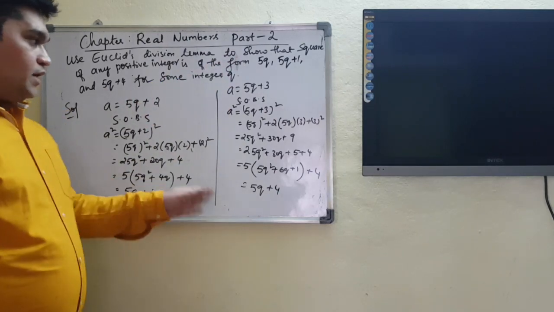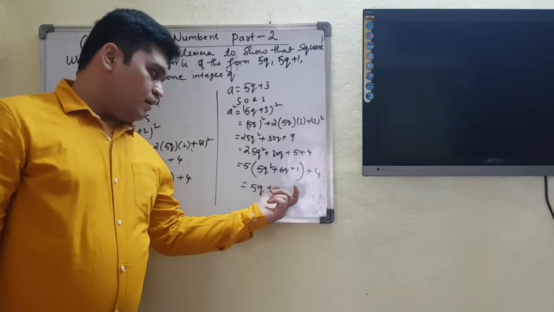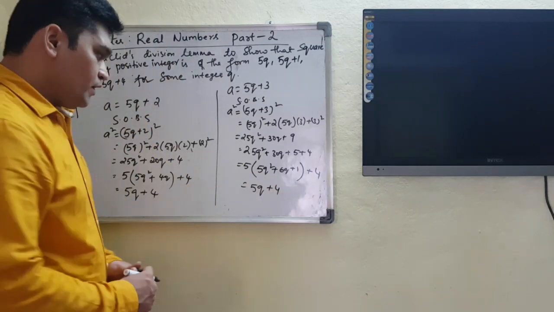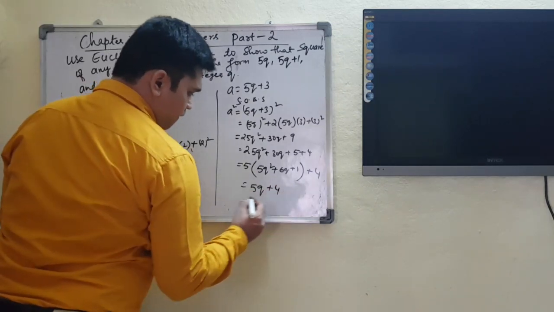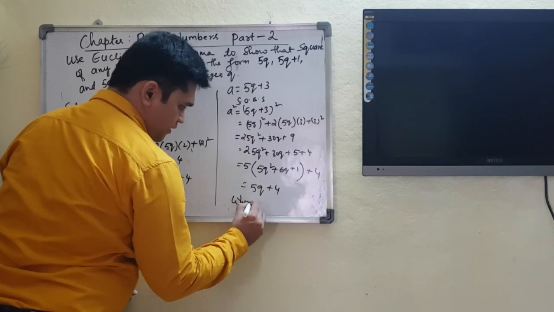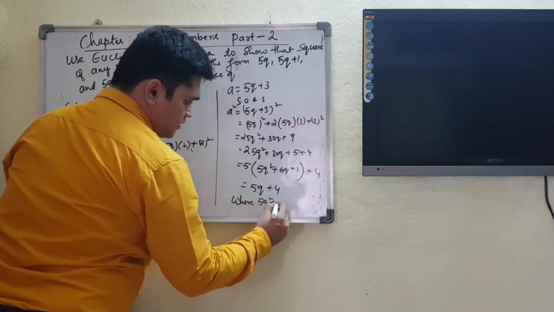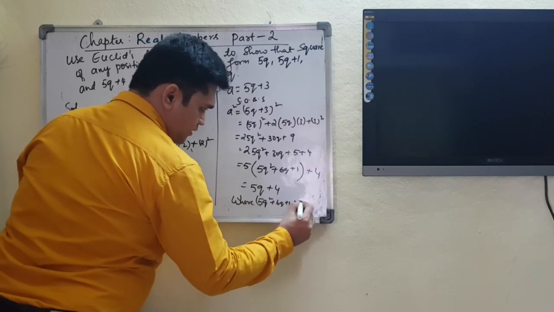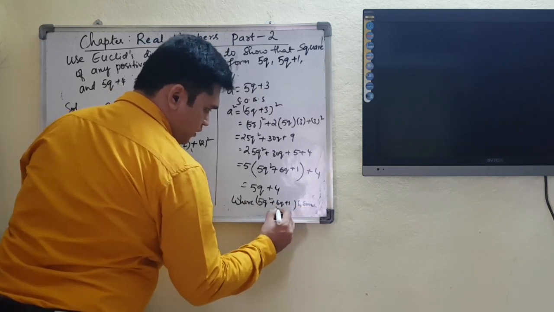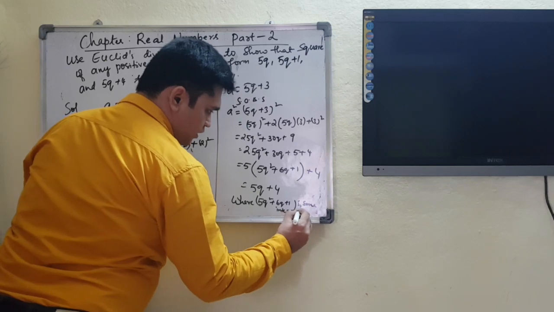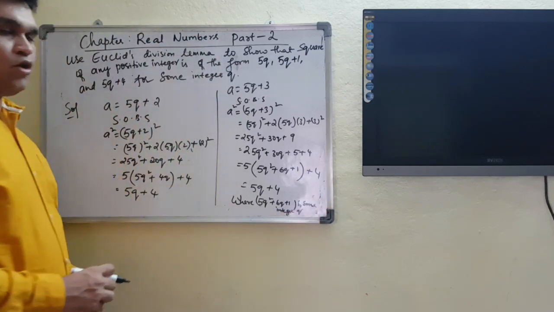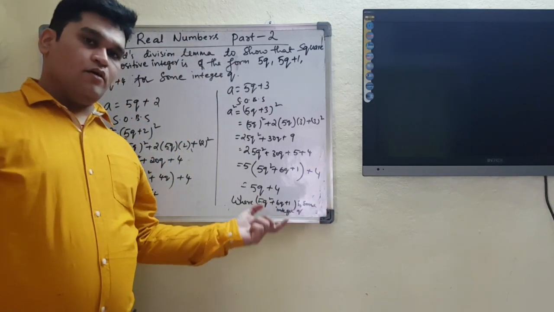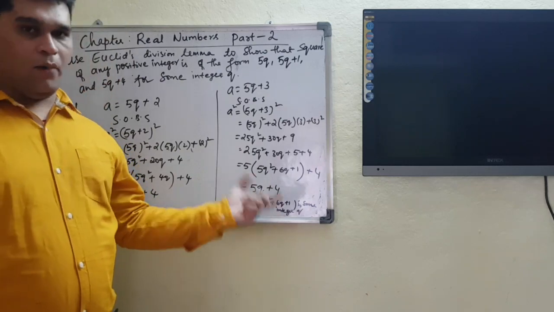Yes, please write down, and please write the condition always whenever writing over here, where 5q square plus 6q plus 1 is some integer q. Do not forget to write this condition. If you miss, you may lose marks.